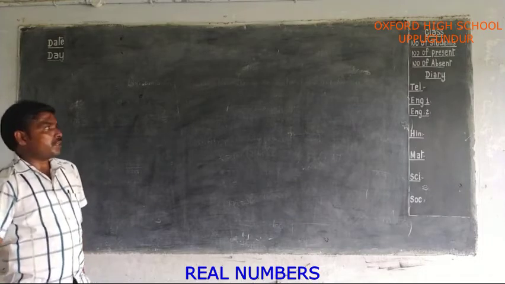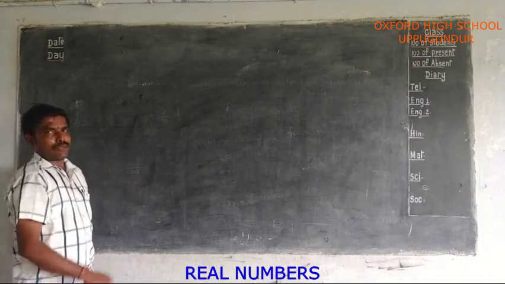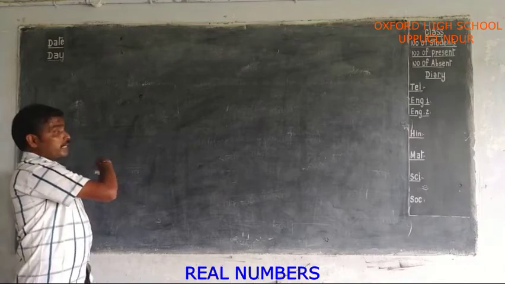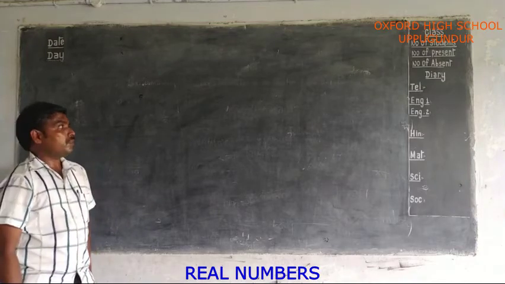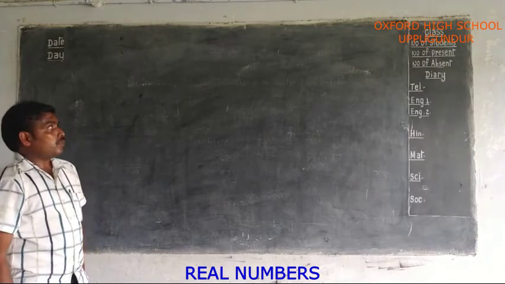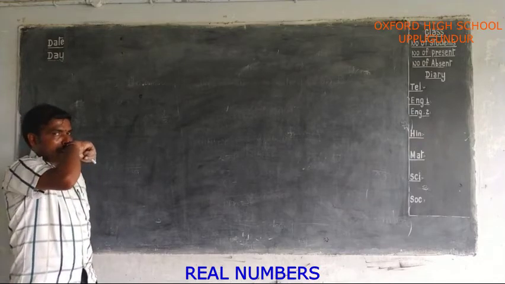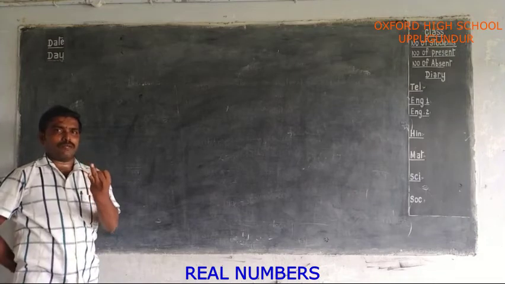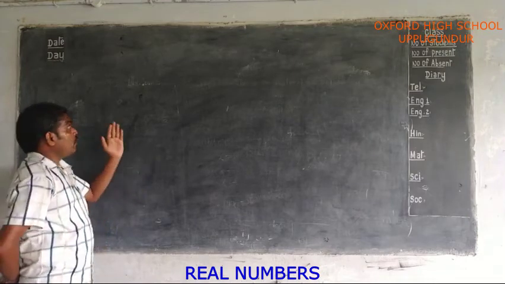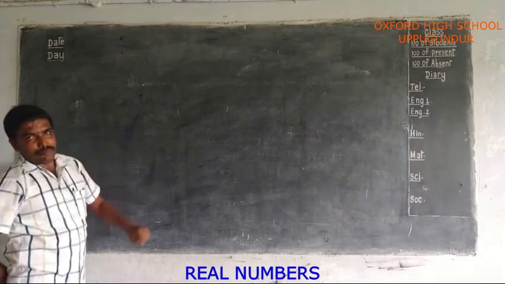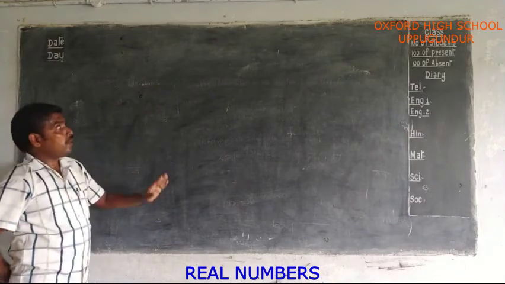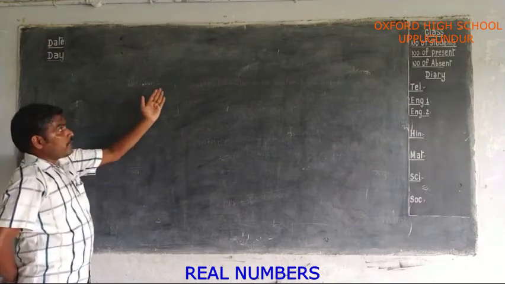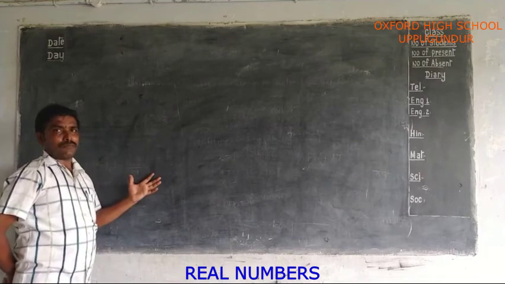Again, how do you convert a terminating decimal into rational form, and a non-terminating repeating decimal into rational form.